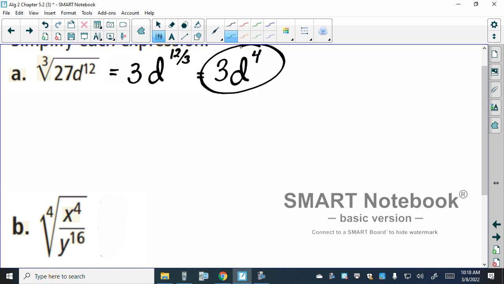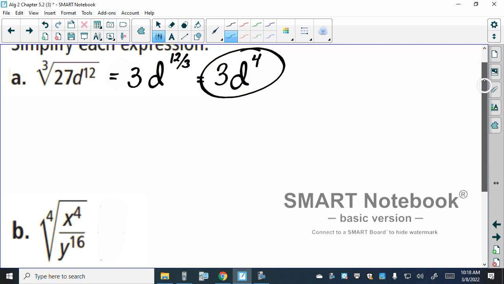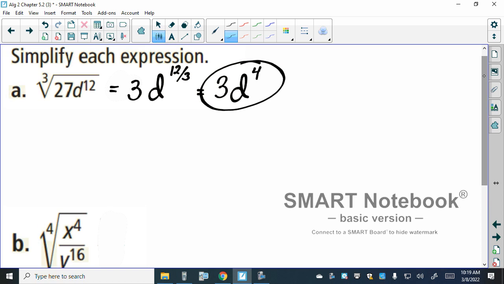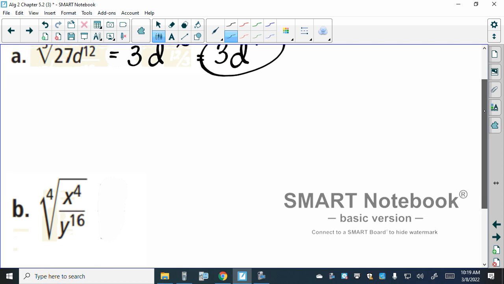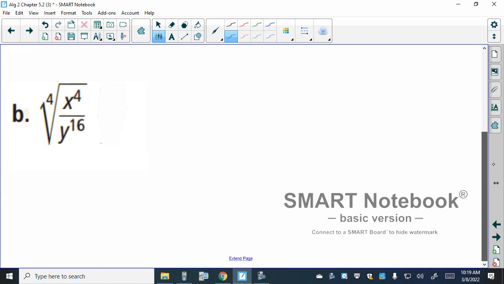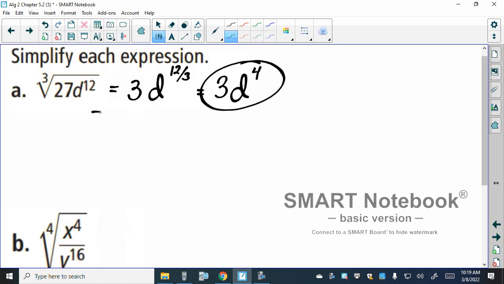And since it's an odd root, we don't have to worry about absolute values. Any questions on this here? Had a feeling.